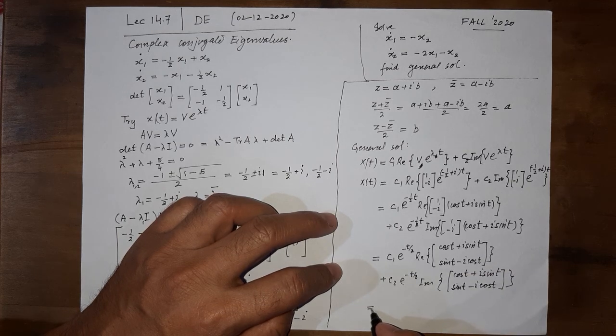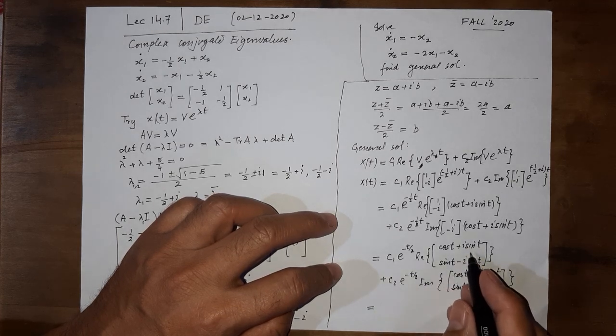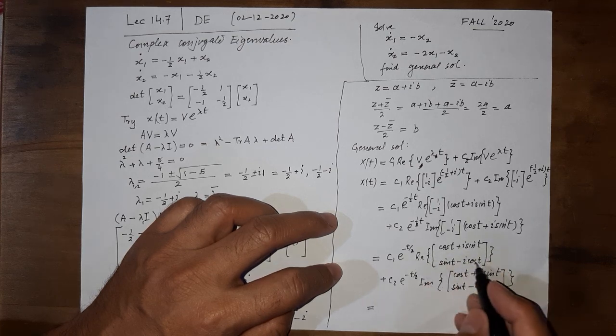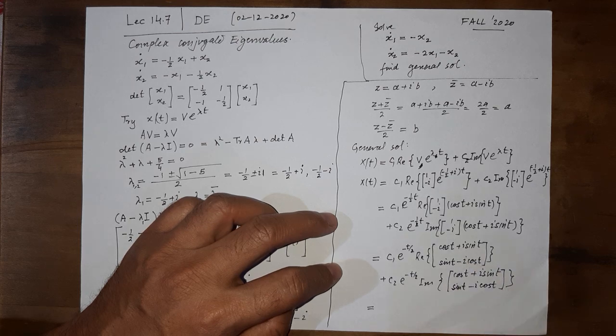So what do we get? We get the real part of each element. When we apply a real to a matrix or a vector that may have complex elements, we are only taking the real elements of each complex number.